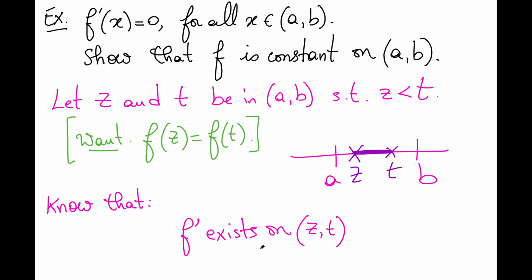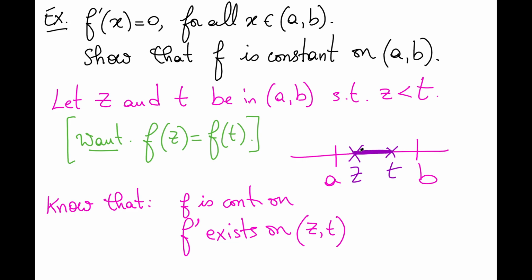All right. And what do we also know? We know that since f is differentiable on AB, it has to be continuous on that set, because every differentiable function is continuous. So we also know that f is continuous on the whole thing AB, open.